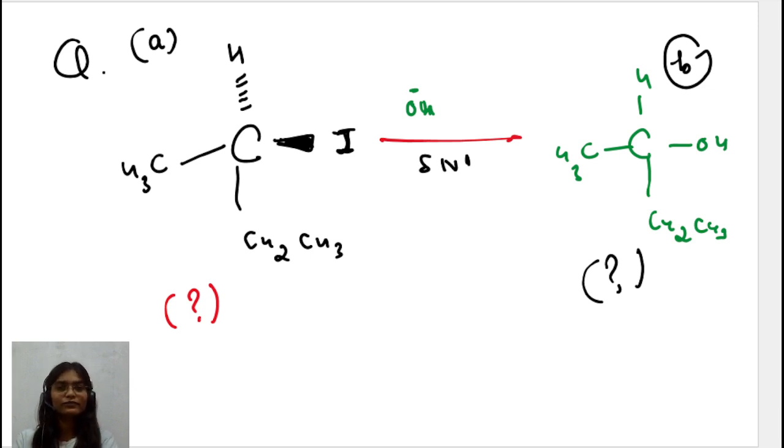Both are the same. Are you sure, Aditya? Maybe some of you will say, ma'am, in the second one you are not representing the wedge or dash, so how do we know? This is basically my question, how to deal with this kind of thing. What I want to explain is, if I write it as an SN1 mechanism, there is a retention of configuration, so definitely my OH is like this.